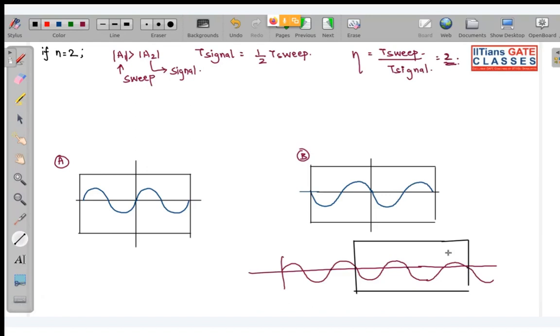I don't know which part of the signal it is capturing, whether the first positive half cycle is coming, or the first negative half cycle is coming. I don't know. Okay. So there are two things which are going to uniquely define your waveform. So those two things are what?